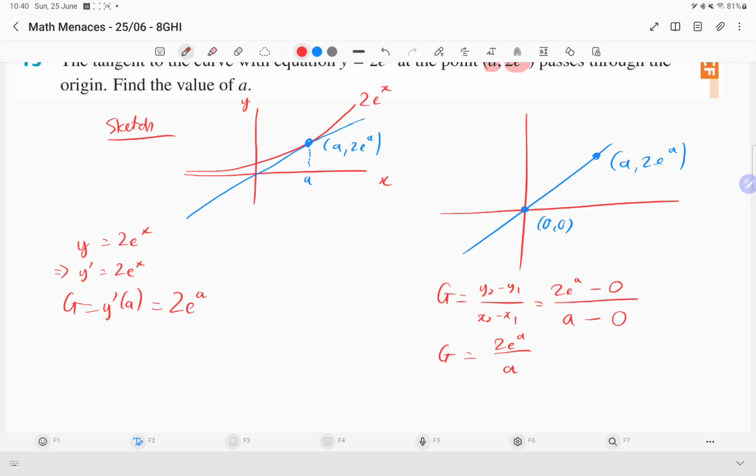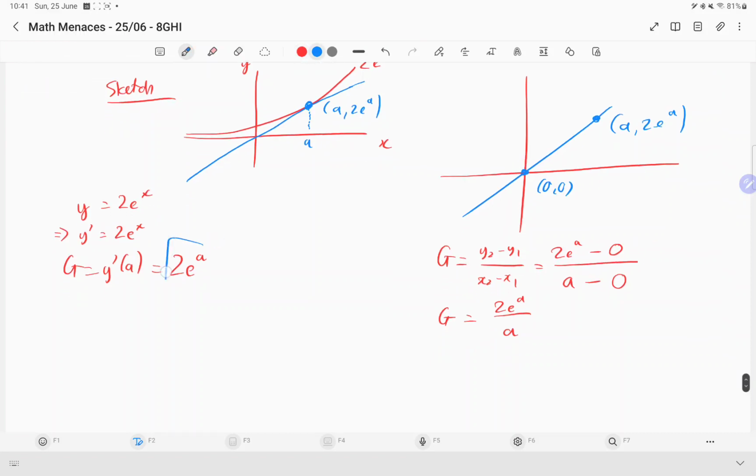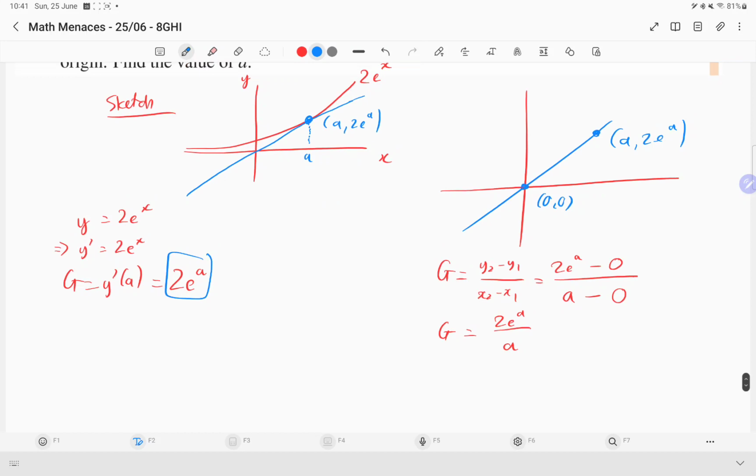Can you make 2e^a equal 2e^a over a? Yes, that's the right idea. So we have 2 ways of specifying the gradient. The first one was using the derivative, and then the second way was using the rise over run rule.